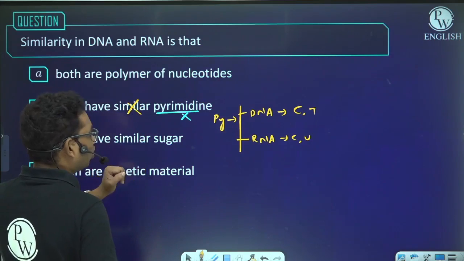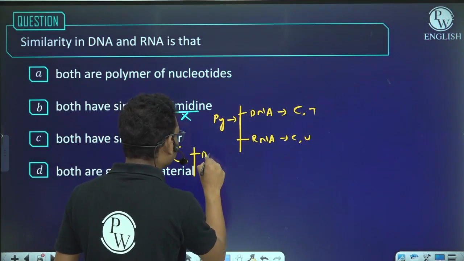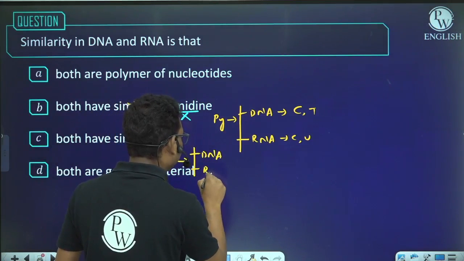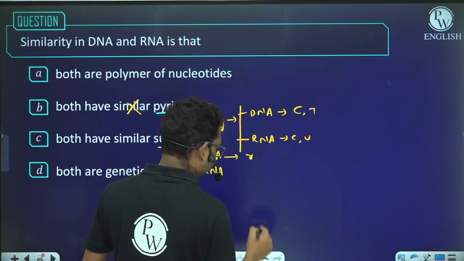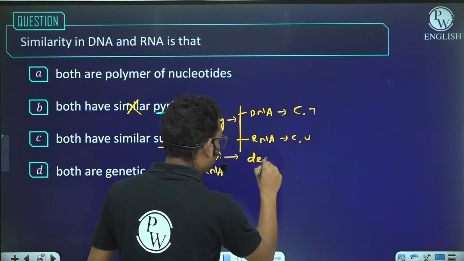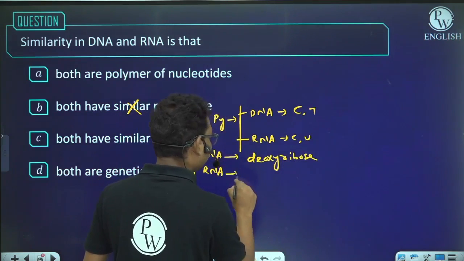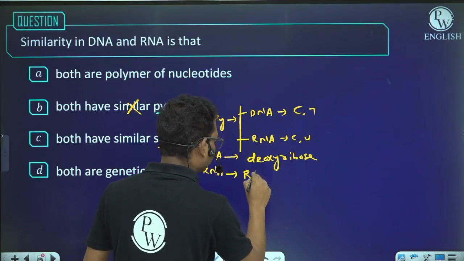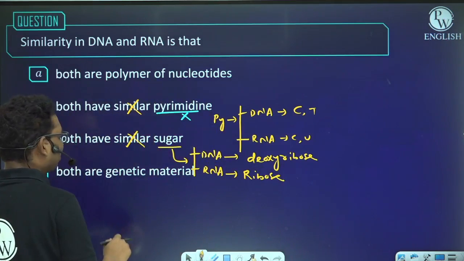Both have similar sugar? No, the sugar in DNA and the sugar in RNA are different. Why? Because in DNA the sugar is deoxyribose, and in RNA the sugar is ribose. So similar sugar is incorrect. Both are genetic material?